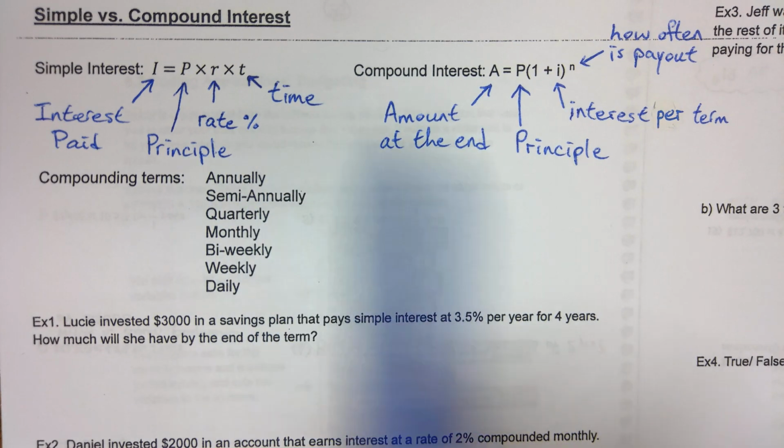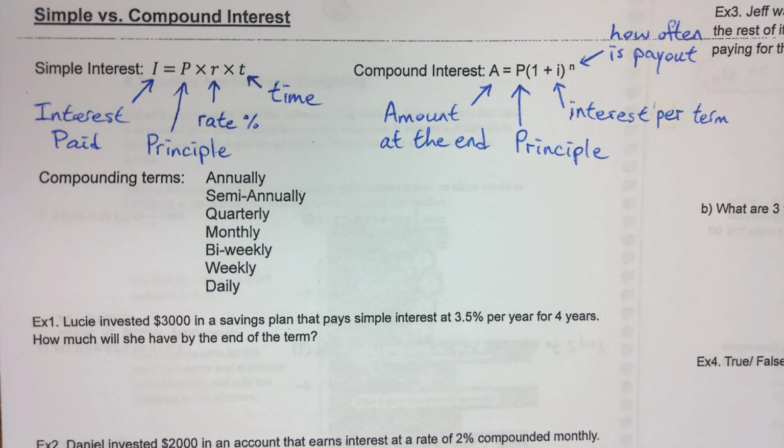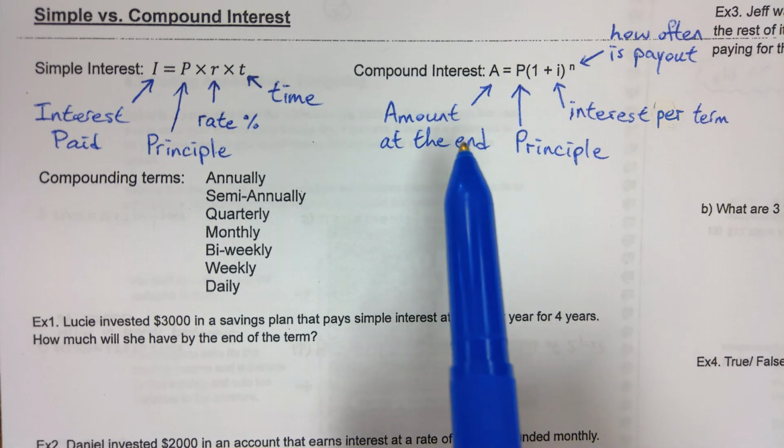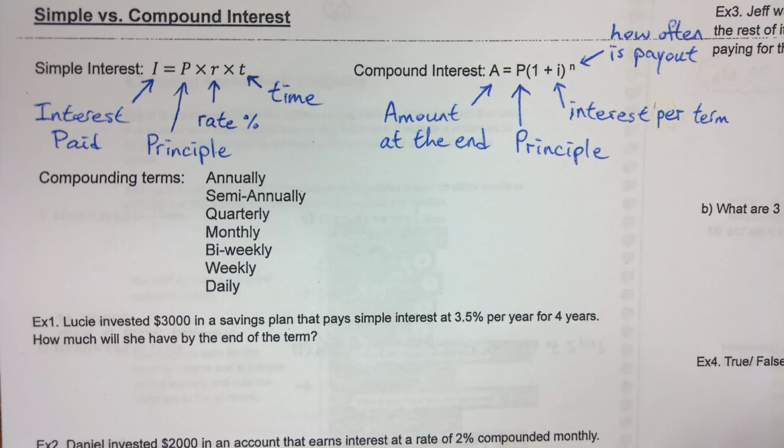So there are two types of interest. Which type do you think is more popular? Compound. Do you know why? What's the difference between simple and compound interest? Let's say in a savings account. Simple interest is just the same amount over and over again. For instance, if you have $100 and it's 10%, you consistently just get $10.